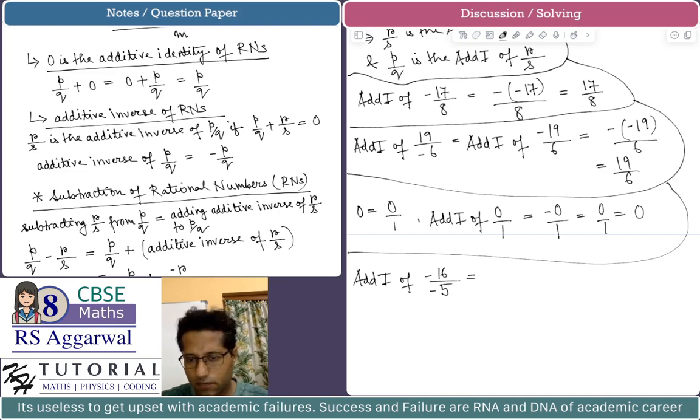The denominator is minus 5, so we will just take the negative of the numerator.